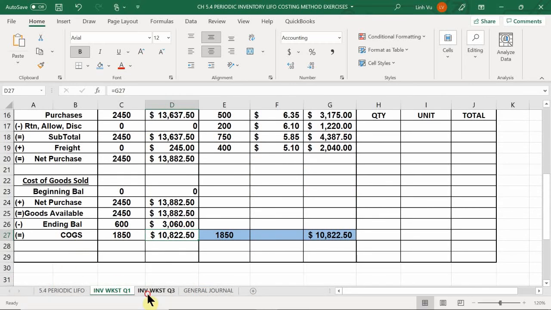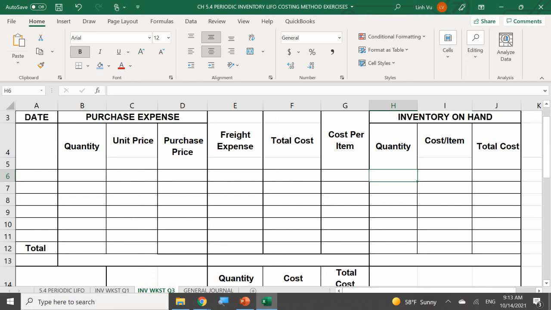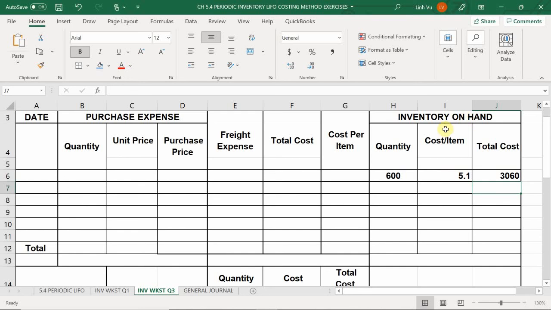I'm going to enter that amount into my inventory on hand because it actually is inventory.